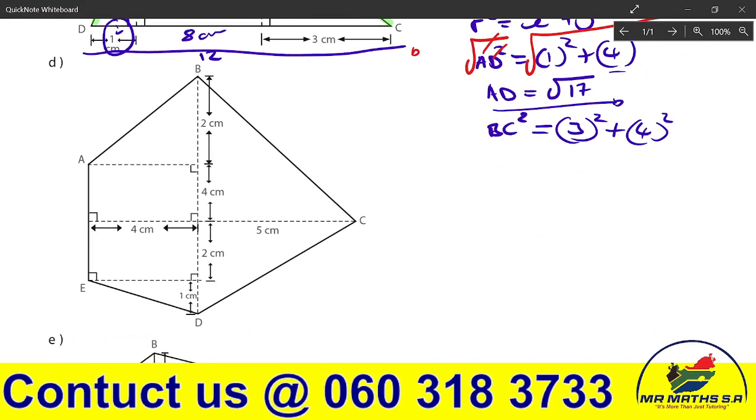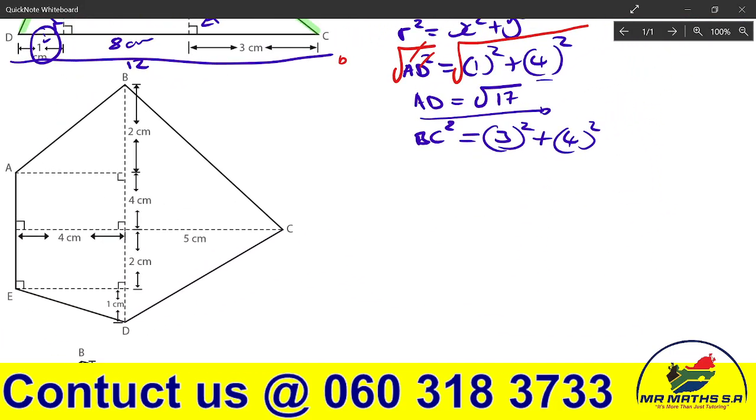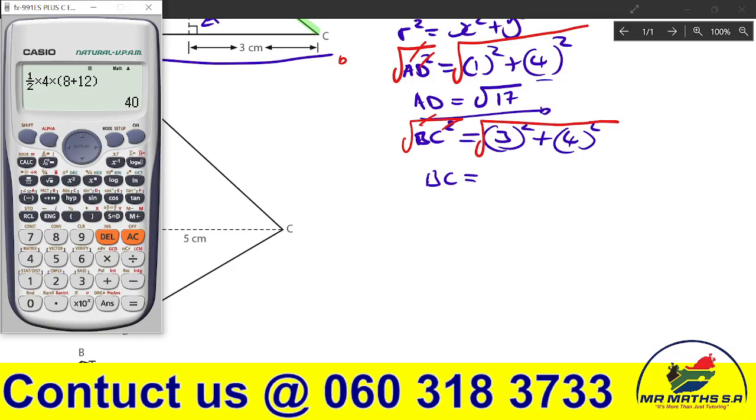Okay, so let me move up a bit, sorry. So we have 4 squared, but since we are looking for BC, not BC squared, we'll introduce a square root on the left hand side, and what we do on the left hand side, we also do on the right. This and this will cancel. We will end up having BC equals to, for the calculator, 3 squared, which is 9, plus 4 squared, which is 16, is 25, root of which is 5.